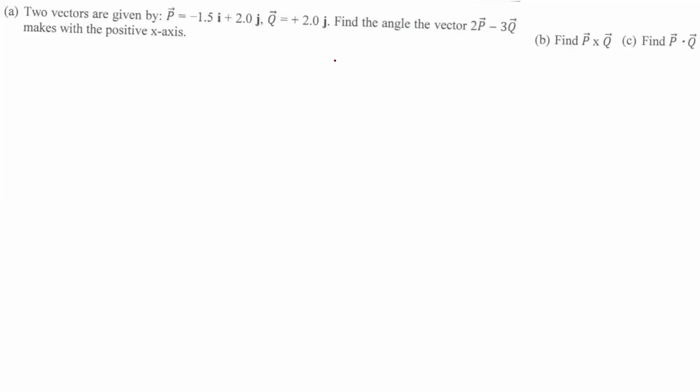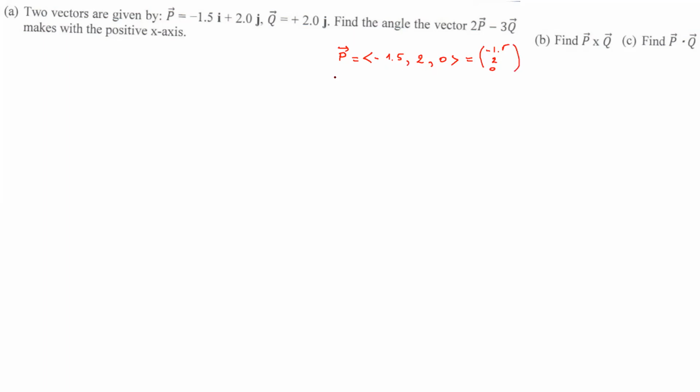So first, we know that P is equal to minus 1.5, 2, and 0 along Z. Okay.